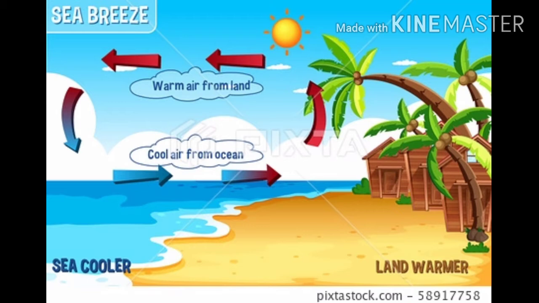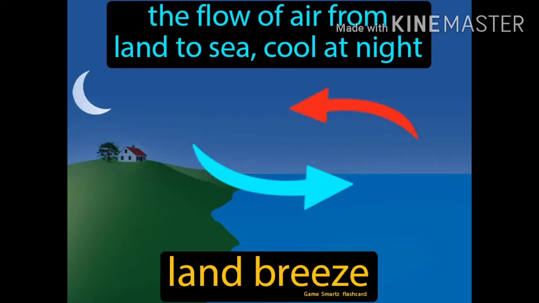What do you mean by sea breeze? The flow of air from sea to land is known as sea breeze. After sunset, what happens? The land becomes cooler very quickly, and the sea water remains a little warm.